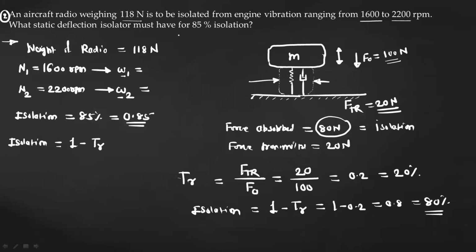Now refer to the actual problem. So in this problem, what is given? The aircraft radio is mounted on the engine, and we want to isolate that radio from its engine vibration. So this is the schematic diagram. Suppose this is the engine and this is the radio. This radio is to be isolated from the engine vibration.